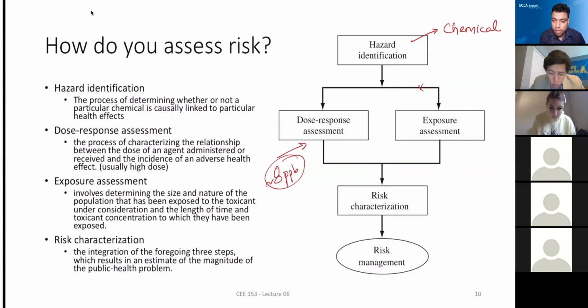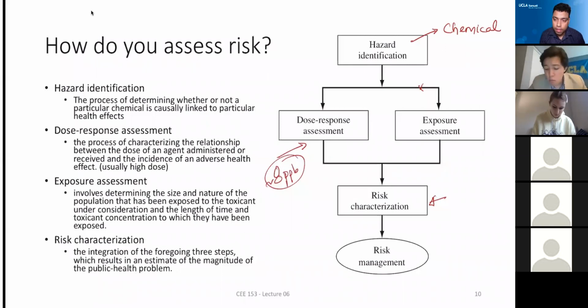Okay. Once you know the dose, you minimize it in a system. You know the concentration. You know the exposure route. Then you merge them together and see how much you are exposed to, and that is risk characterization. Once you determine that, you have to manage it. Risk management is about policy, about how you minimize all that. It's not about engineering.